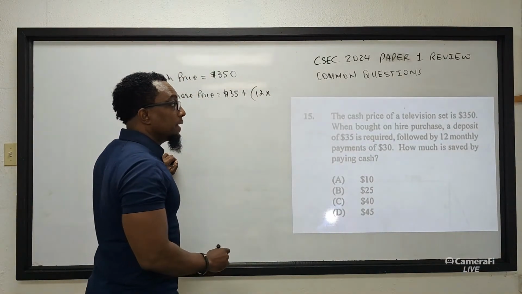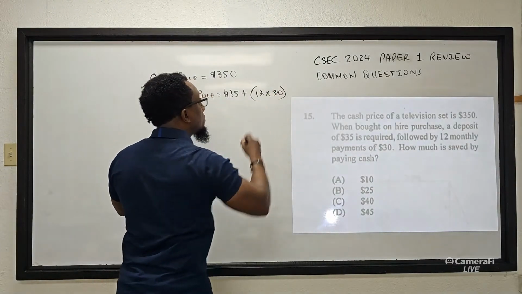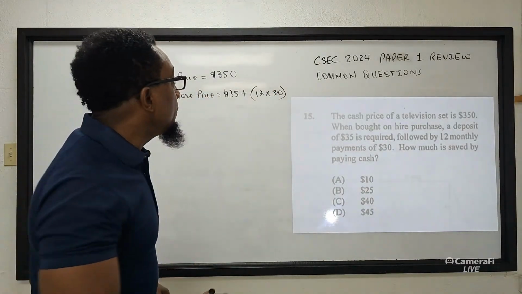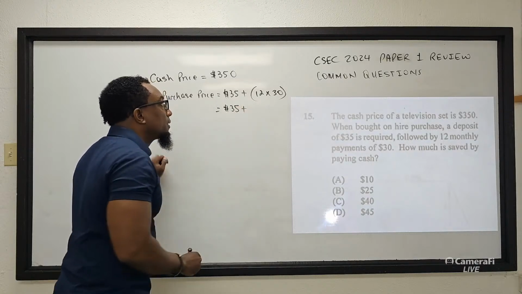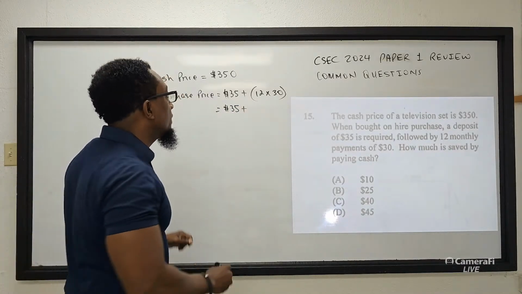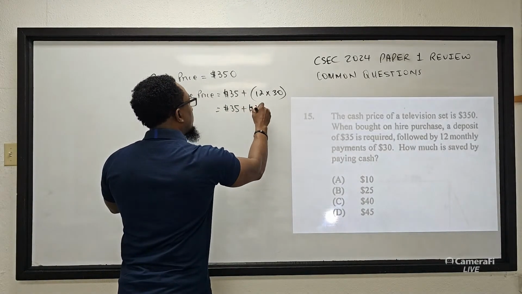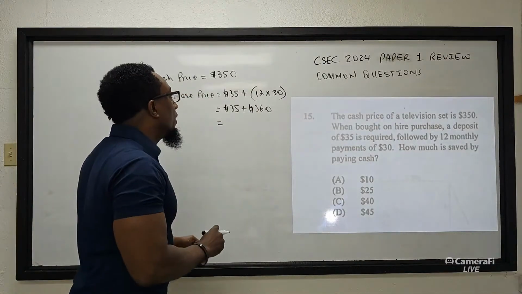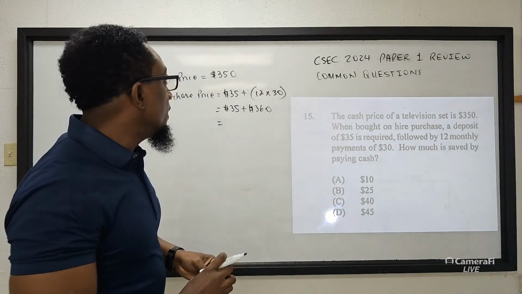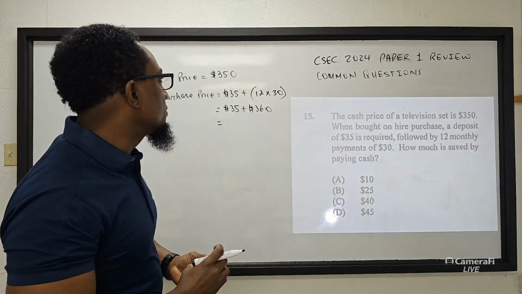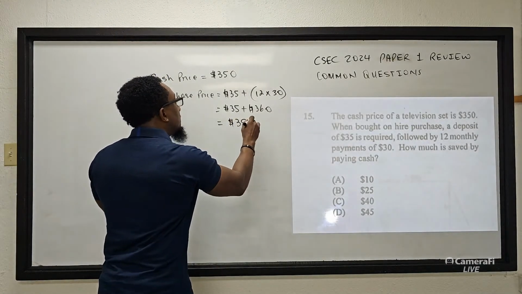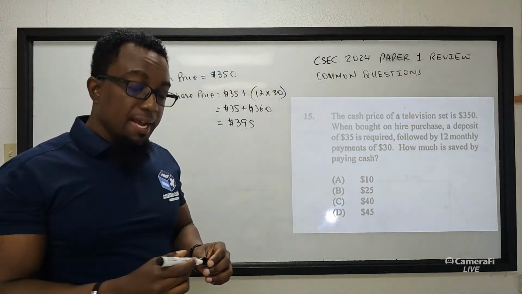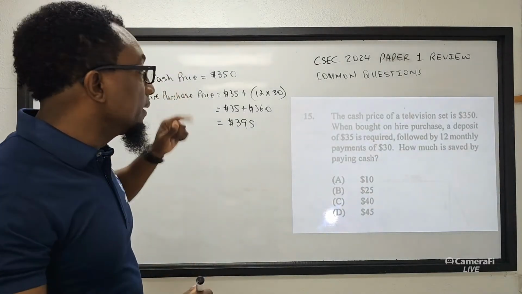It's paid in 12 months at $30 per month. So the hire purchase price will be $35 plus 12 by 30, which is $360. And therefore, $35 plus $360 will give us $395. So when you buy it on hire purchase, that's how much you're going to pay.